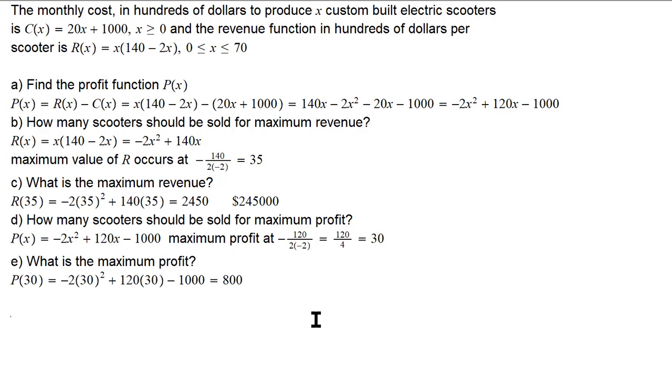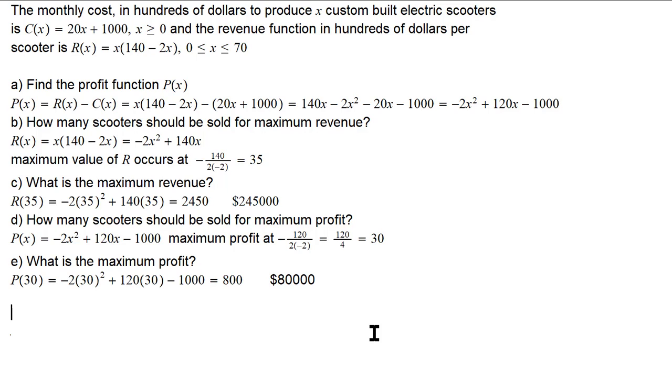So the maximum profit is going to be 800, and then we have 100 again here, so the maximum profit is $80,000. So this is what we did by working with the formula.